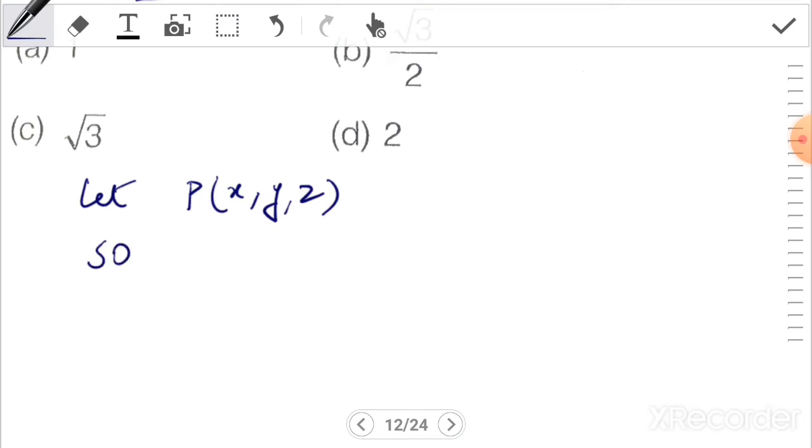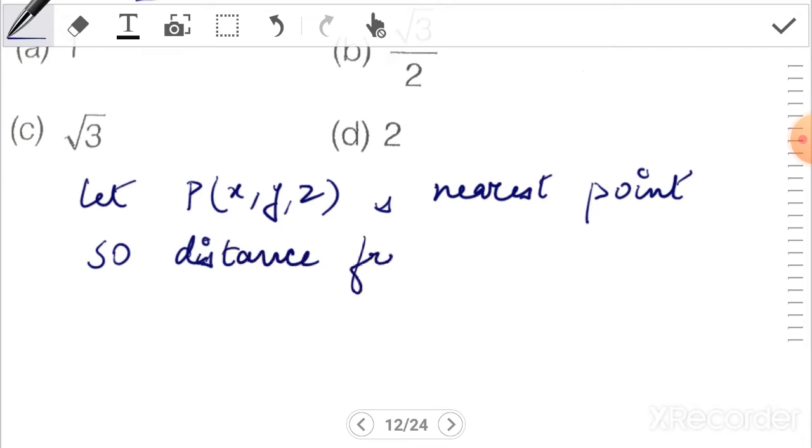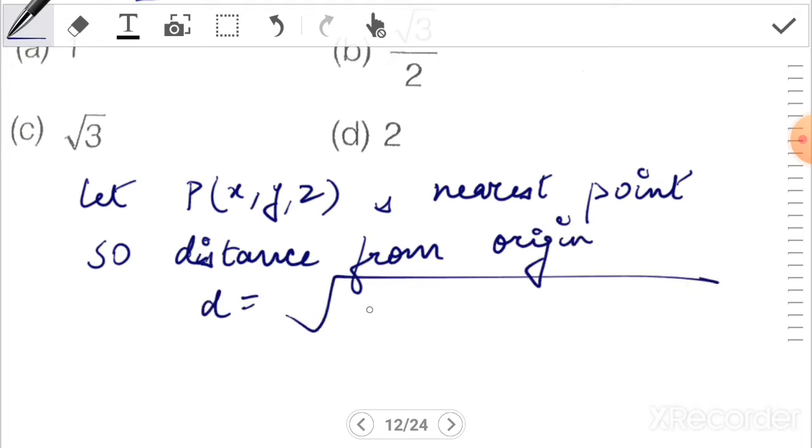So distance from the origin will be, say, d is equal to root under x minus 0 square plus y minus 0 square plus z minus 0 whole square.